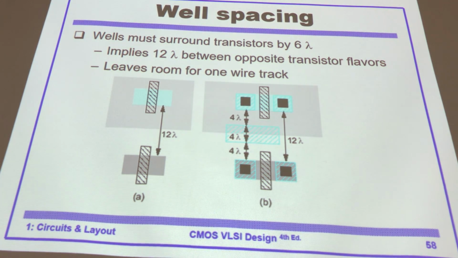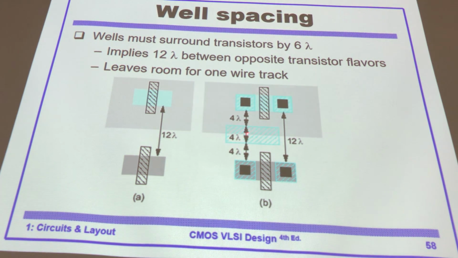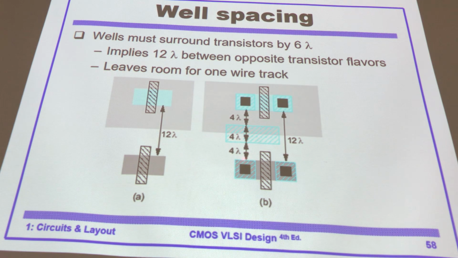Because of that, there could be one wire track going through between this and this. Between two transistors, one wiring track can cross in between: 4 lambda for metal and 4 lambda spacing.